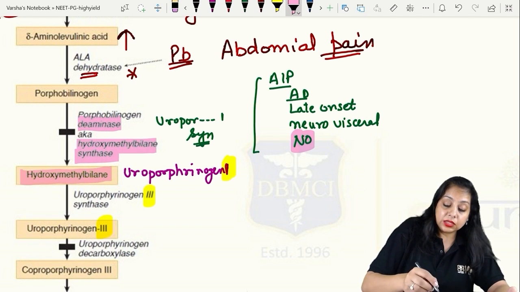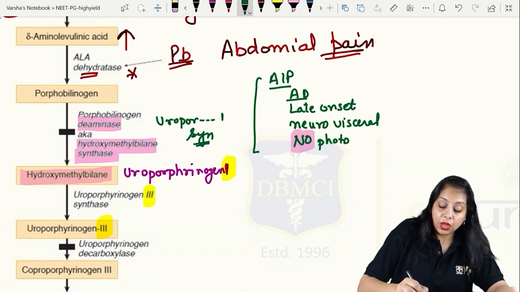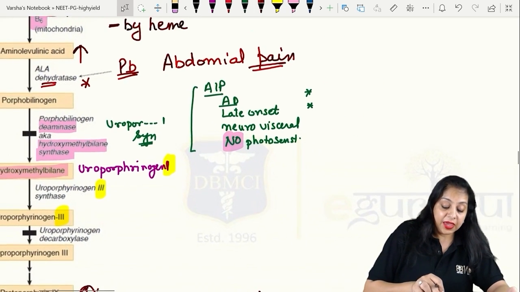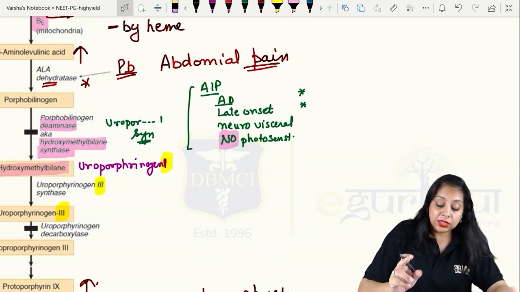Mind this, there is no photosensitivity. Why? I'll let you know in a minute.